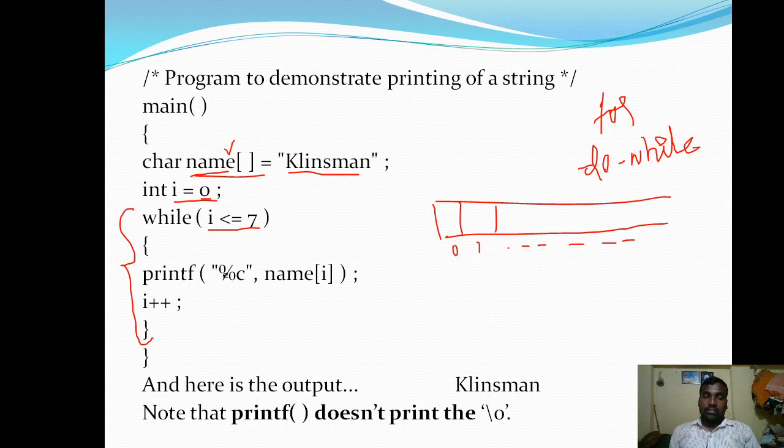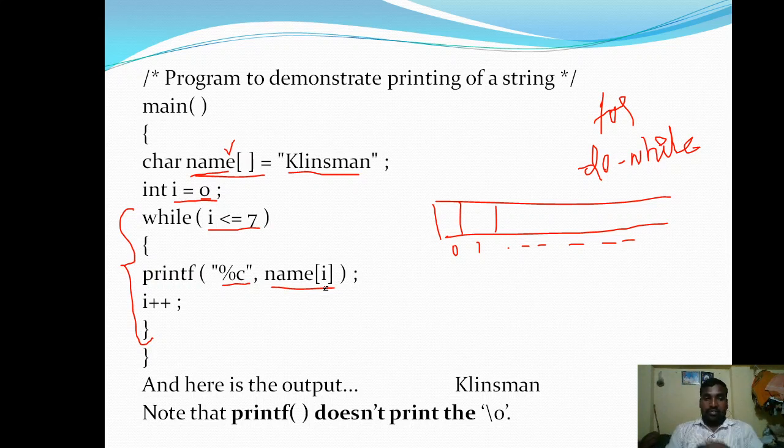I am printing individual characters with the help of the %c specifier, and name[i] gets the array elements based on the index value i from 0 to 7.